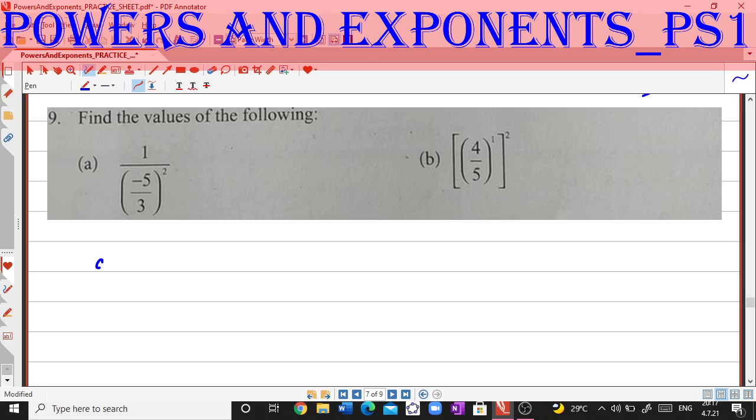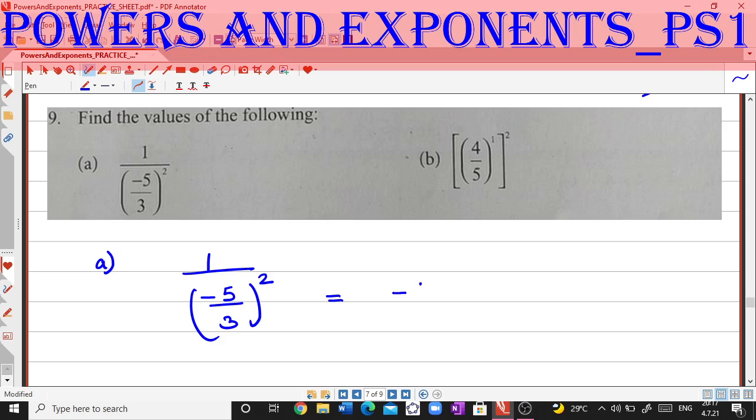Here also we have to apply the rule of negative exponents. You know it very well. If this is minus 5 upon 3 raised to the power 2, if you do its reciprocal, then 1 upon a particular number x can be represented as the reciprocal. You have learned this concept in your earlier classes.